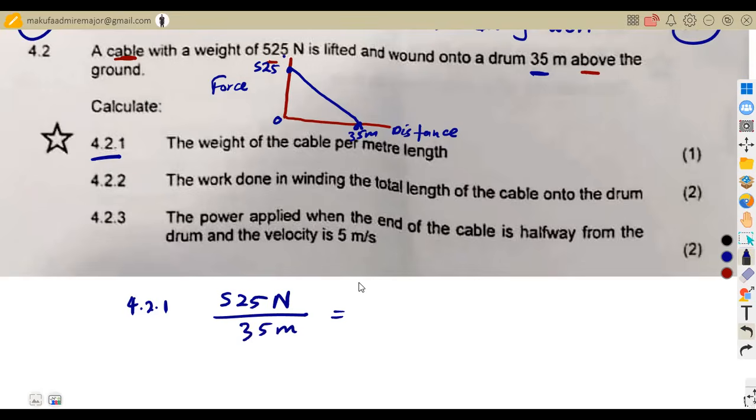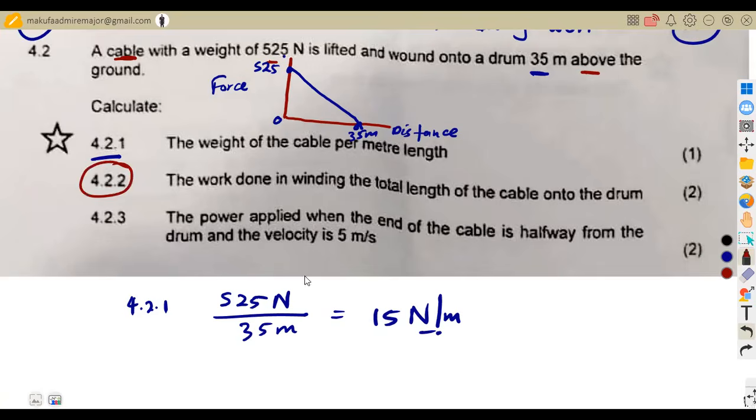So this one is going to give us the Newton per meter. So we are going to obtain 15 Newton per meter in this case. So that was the whole idea of this part, all right, to say already we have got the weight of the cable, right? So to find the weight of the cable per meter length, we are simply dividing by the meters that were being wound on the drum.